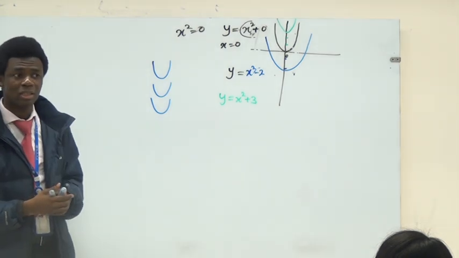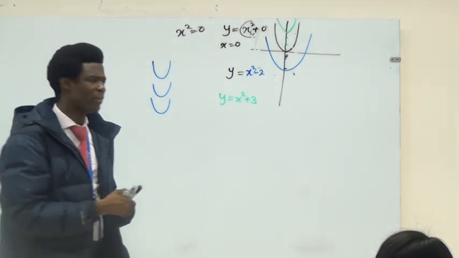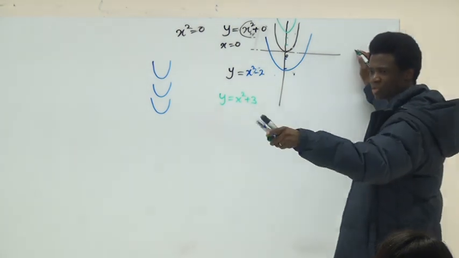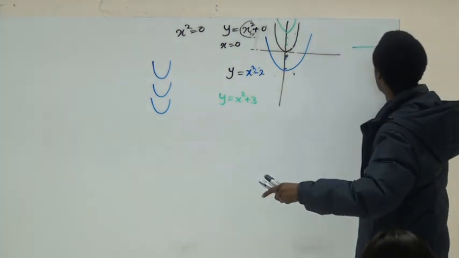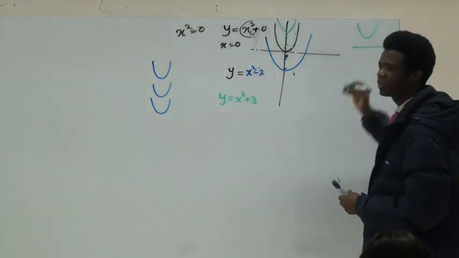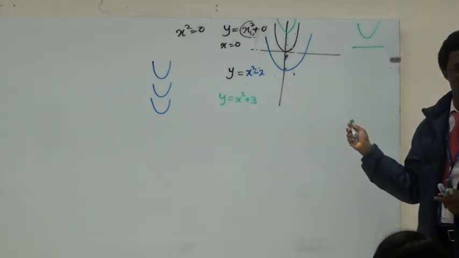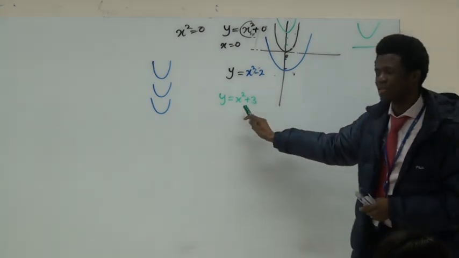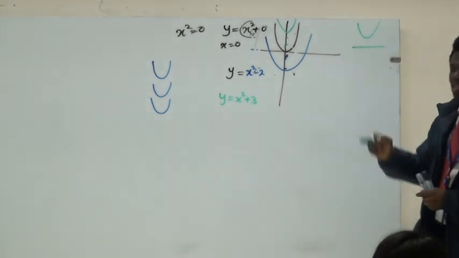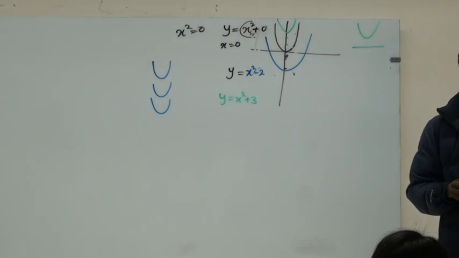And it makes sense. Does anybody remember, Kata asked a question yesterday, do we have any possibility where it does not touch the x-axis? Does anybody remember this? Now look at this. Why do you think it doesn't touch the x-axis? Because it's above x.